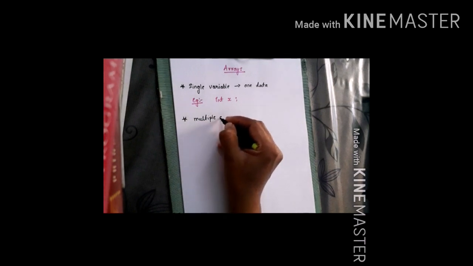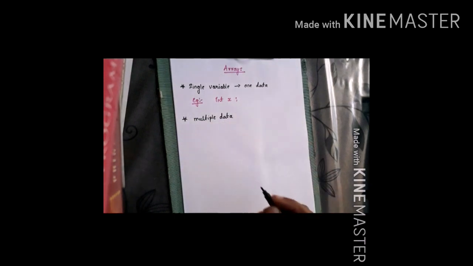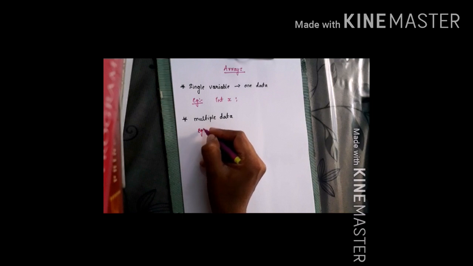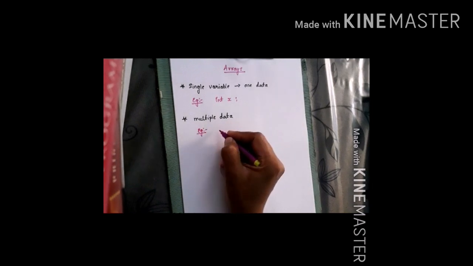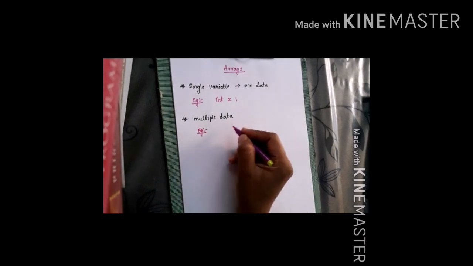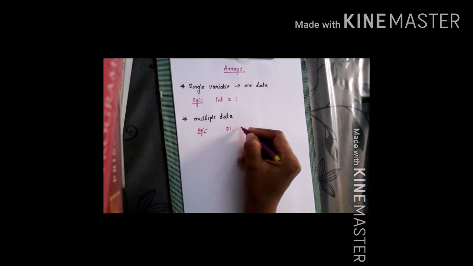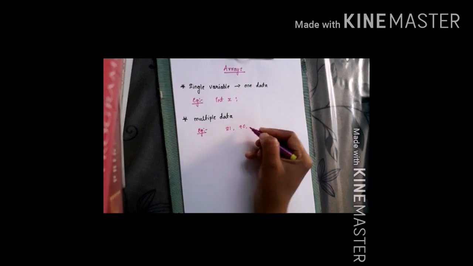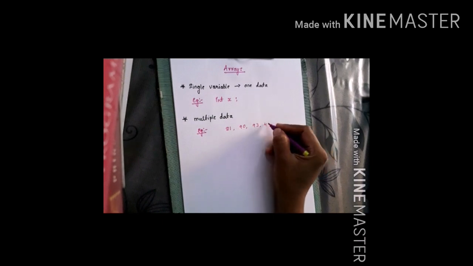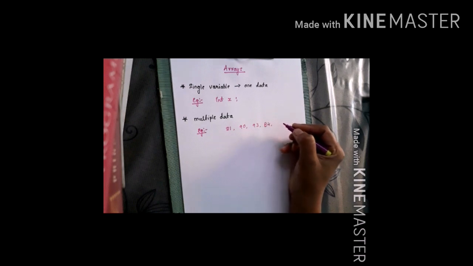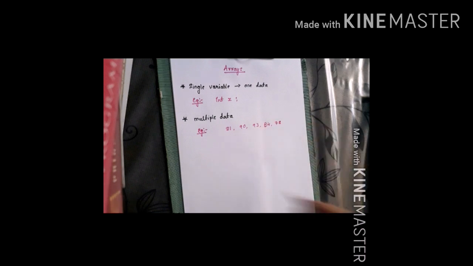For example, marks of 5 tests. I'll take marks of 5 tests. First test marks is 81 and the second test marks is 90 and the third test marks is 93 and the fourth test marks is 84 and the fifth test marks is 78.